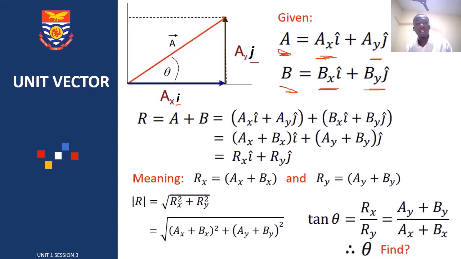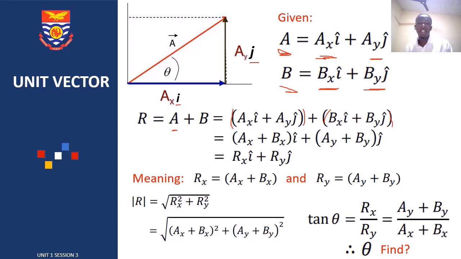Let's bring in R and find the summation of A and B. For unit vectors, we can add only the i's and we can add only the j's, right? So we know that our A here is Ax i plus Ay j, which is in this bracket. We also know that the second term B is Bx i plus By j, which is presented in the second term here.